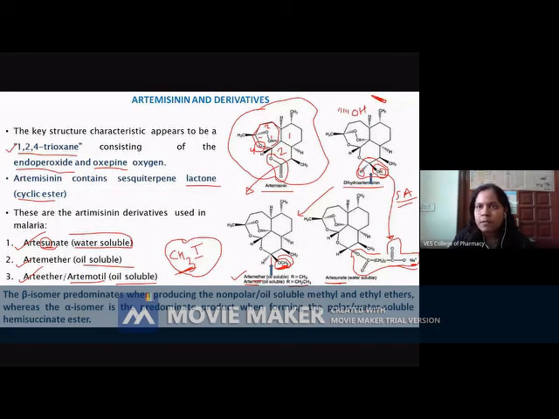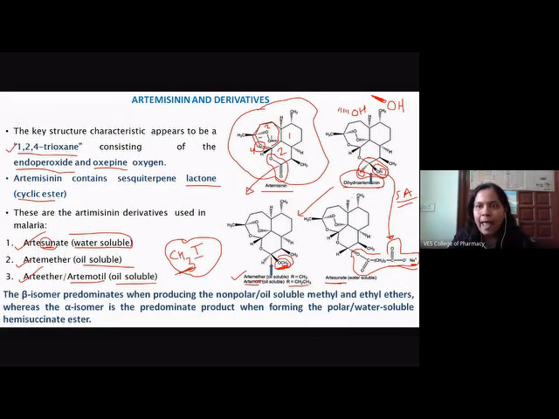So what is observed is that whatever oil soluble ethers you are making have the beta form. That is, dihydroartemisinin in beta form will react to form the ethers, methyl ether or ethyl ether. While for the preparation of the water soluble salt, that is artesunate, you need to have the alpha form of the hydroxyl group.